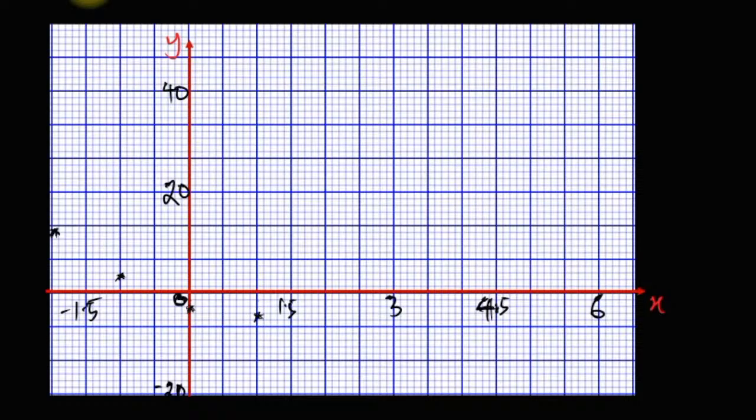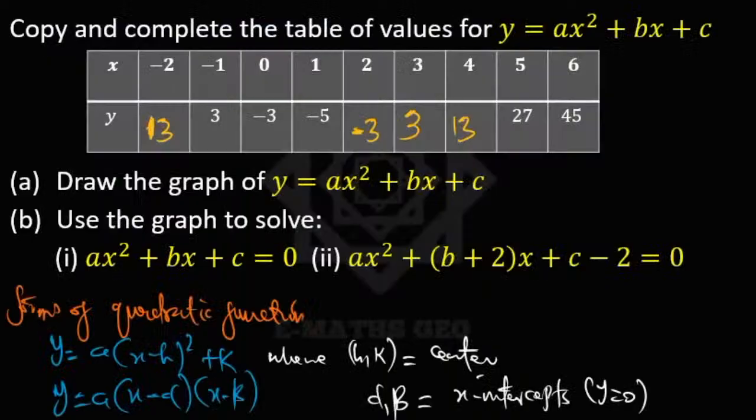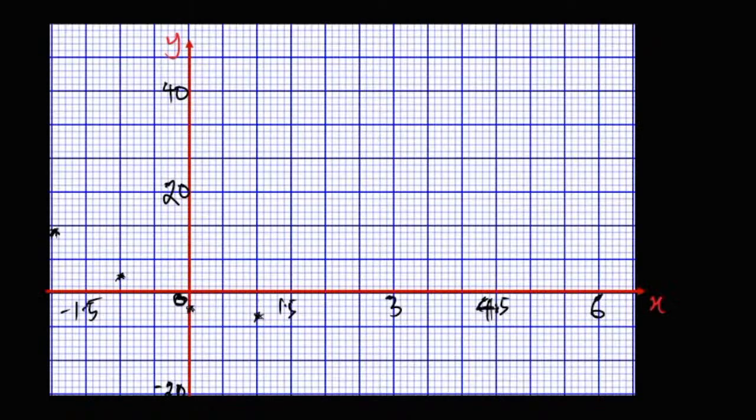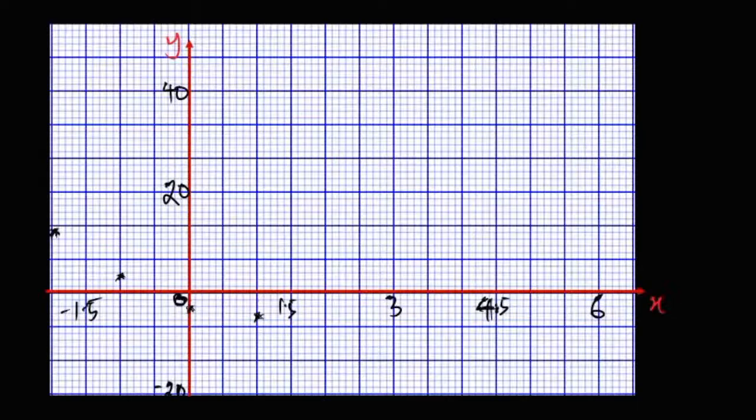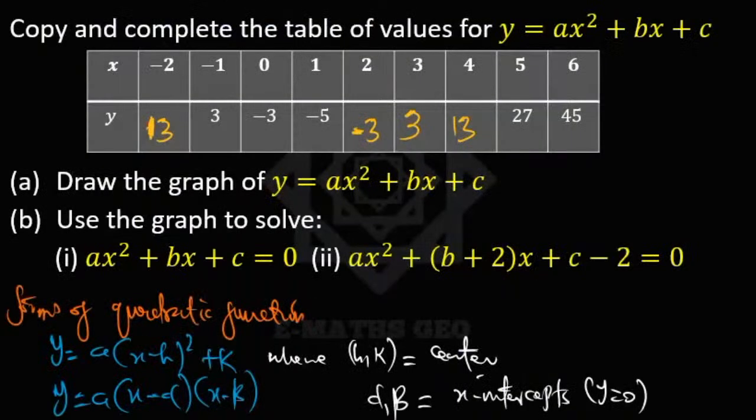Okay. So the next one is 2, minus 3. 2 is how many grid lines? 20. And we've also done 3. Okay, 3 is in there, so that makes it easy. 2, minus 3.